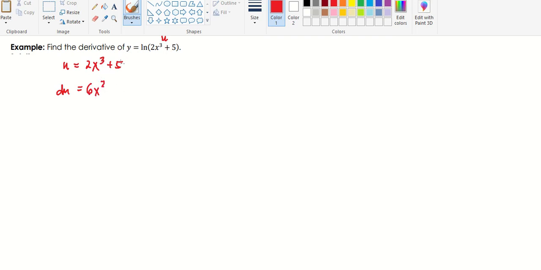Then ito maging 0 na yung constant. So our du is 6x squared. Then, let's have the formula of our ln u, which is equal to du over u. So, our du is 6x squared. Our u is 2x cubed plus 5. So, this is our answer.